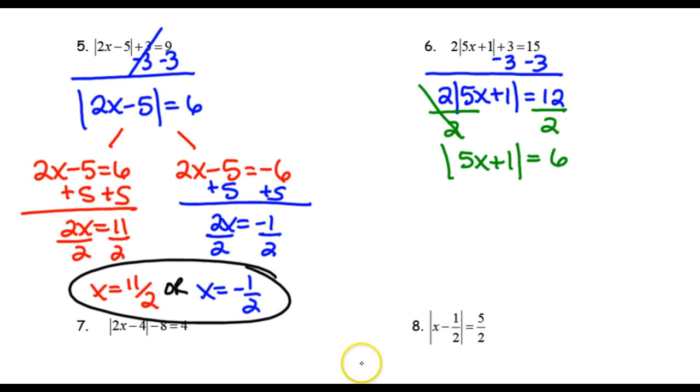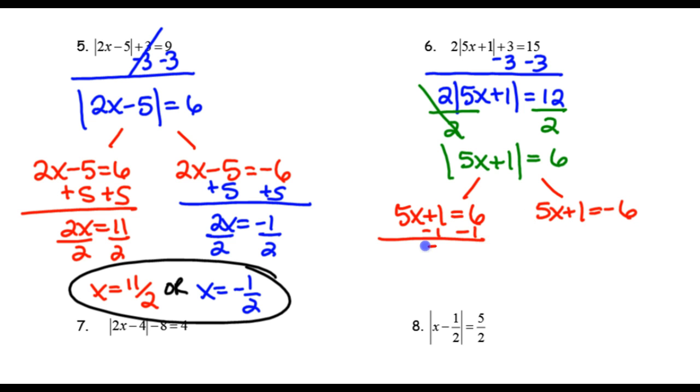Again, now that the absolute value is isolated, I can break it into my two equations. I have 5x plus 1 equals 6, and 5x plus 1 equals negative 6. I'm going to go ahead and solve those individually. 5x equals 5.